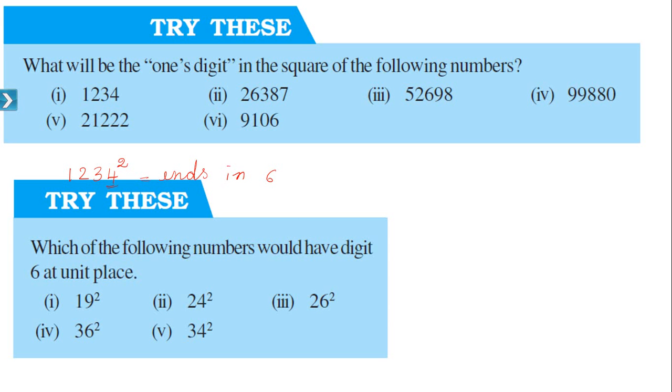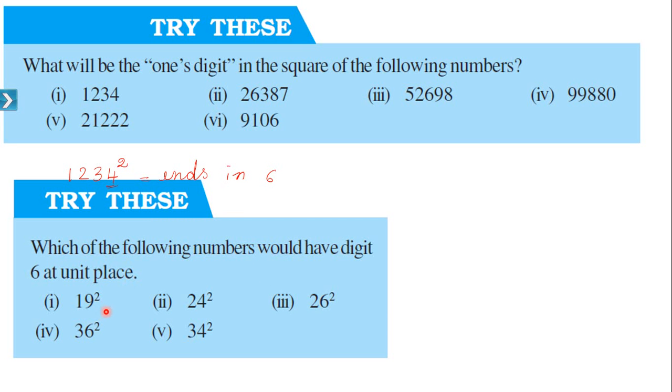In a similar way, you have to write the answers for the remaining questions. Now, try this. Which of the following numbers would have digit 6 at the units place?